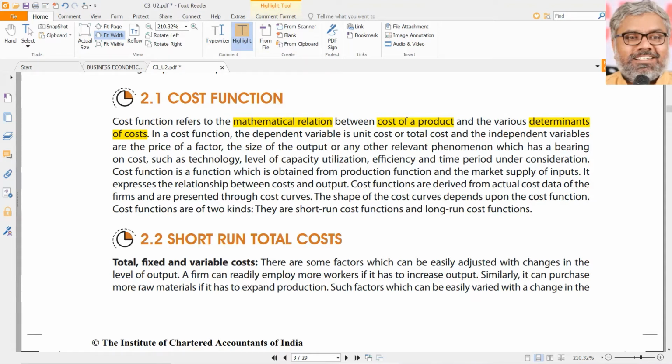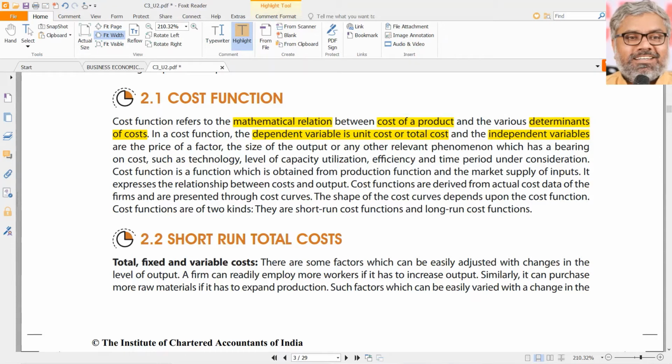So, in a cost function, what is the dependent variable? That is unit cost or total cost of manufacturing a product or rendering a service. And what will be the independent variables on which this total cost is dependent?